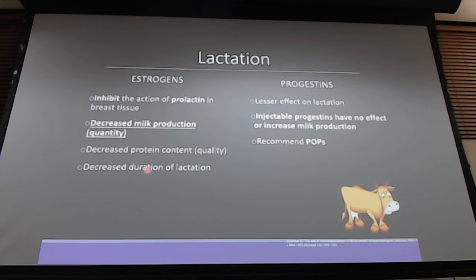Then they're not on any contraceptive, and they end up pregnant, and they're going to be mad about that too. So at that point, I can offer them a POP, and they can take that so that they're protected against another pregnancy, but they can still breastfeed their child without having a decrease in the prolactin.